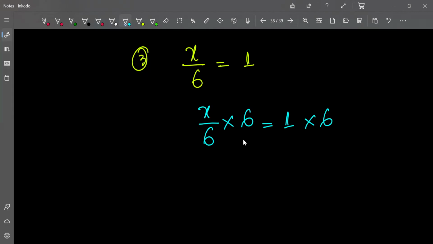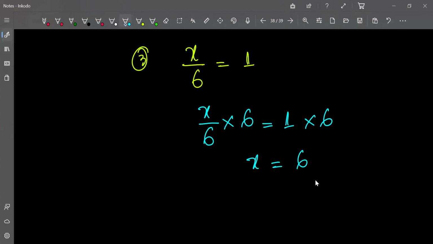When you multiply the left side by 6, you need to multiply the right side by 6 as well. Okay, so 6 divided by 6 is 1. 1 multiplied by x is x. And the right side, 1 multiplied by 6 is 6. So the answer is 6.